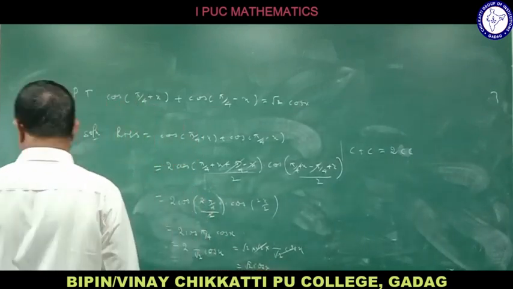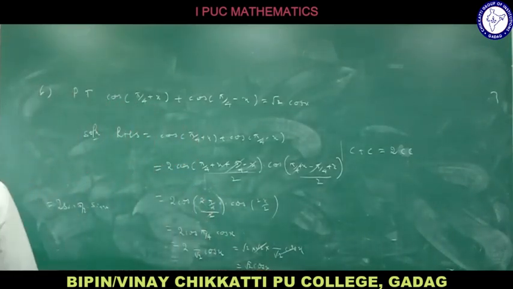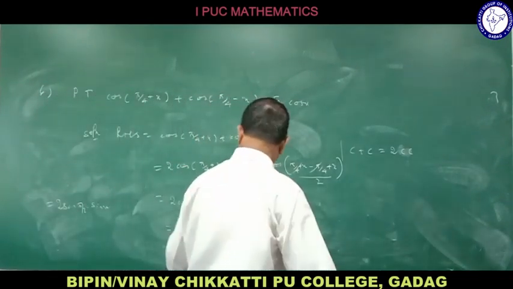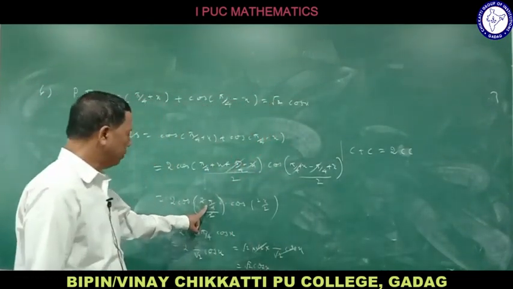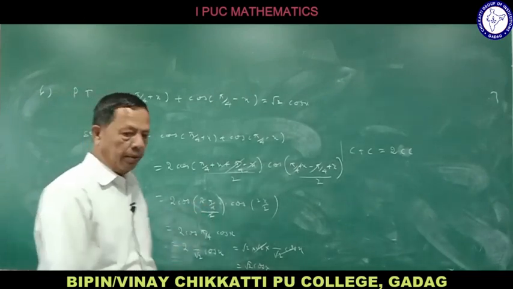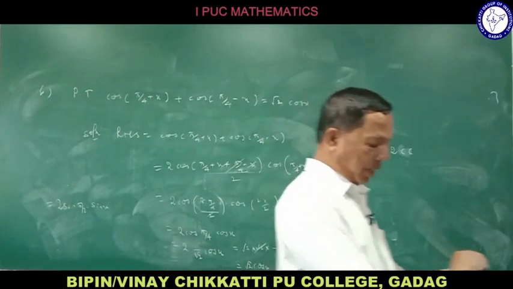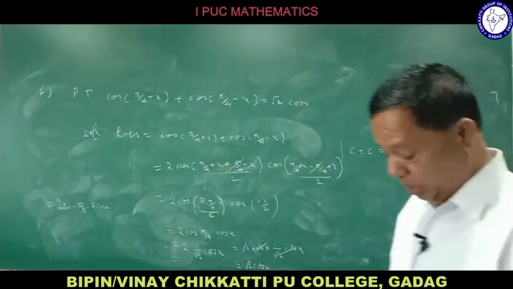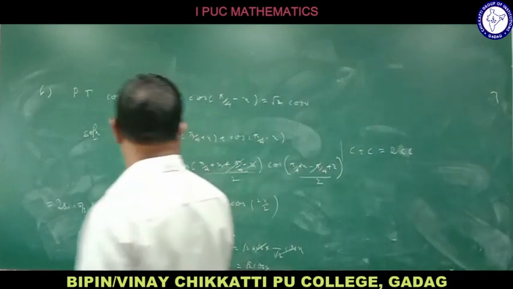So this is the way we prove the results in general using the transformation formula. Try to understand: pi by 2 divided by 2, the 2 is cancelled, we will get cos pi by 4. Now I have to see one last problem using the transformation formula.